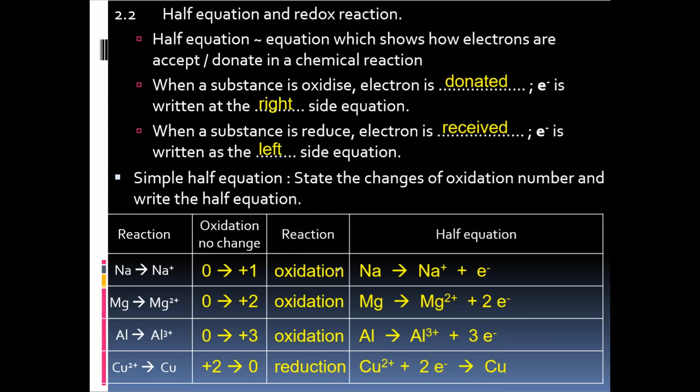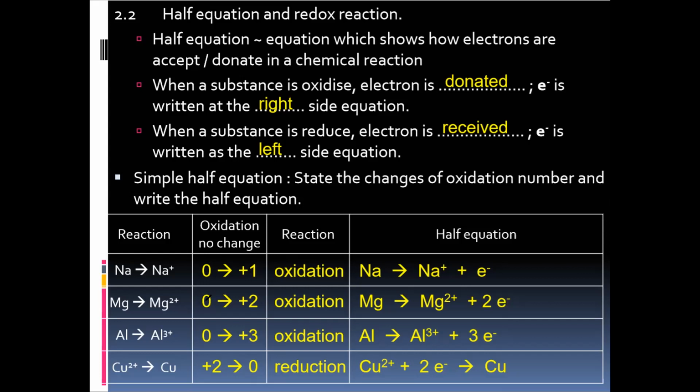I believe that's clear. Another way to see oxidation, besides saying oxidation is loss of electron and reduction is gain of electron, is that whenever oxidation number increases, it is still oxidation. Whenever you see something going from 0 to +1, that means the oxidation number has increased. We say it's oxidation, although what has really happened is that electron has been lost.